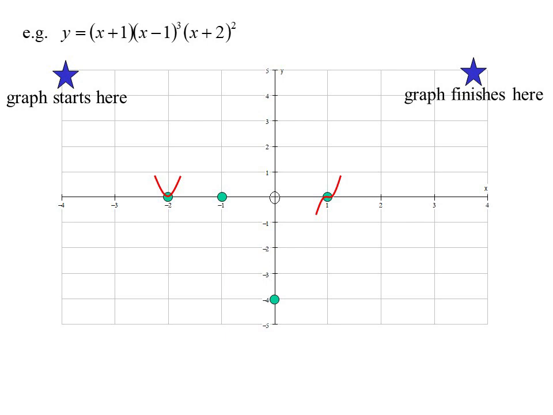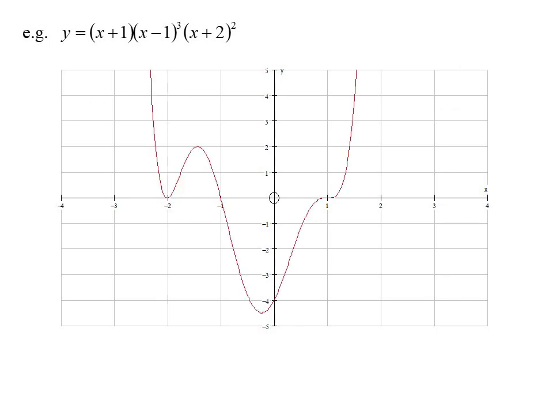So over here at 1, it's going to inflect like the cubic, but I know it finishes up here. Therefore, it must go through like that. Now, at negative 1, it's just to the power of 1. So it's just going to cut like a straight line, like normal. Well, that gives me an idea now of what I can do. And there's a rough sketch.